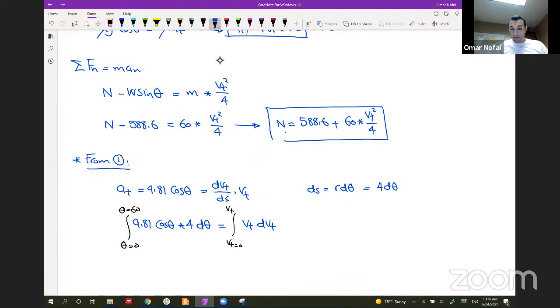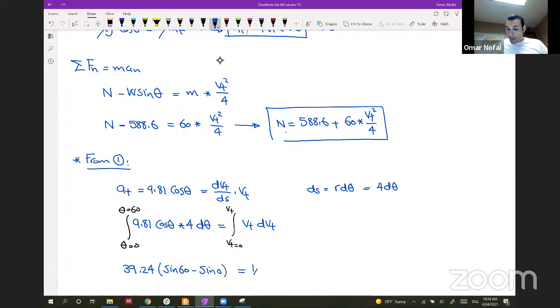So this will give us 4 multiplied by 9.81, so it will be 39.24. The integration will give us sine theta, and we take the upper limit minus the lower limit, sine 0.